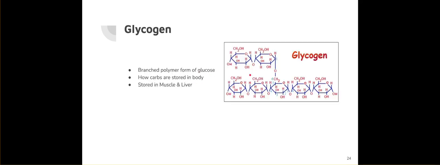So glycogenesis is the process by which we make glycogen from glucose. So we're going to add another glucose to this chain in order to store it in our bodies. And this involves 3 steps, thankfully not 10.